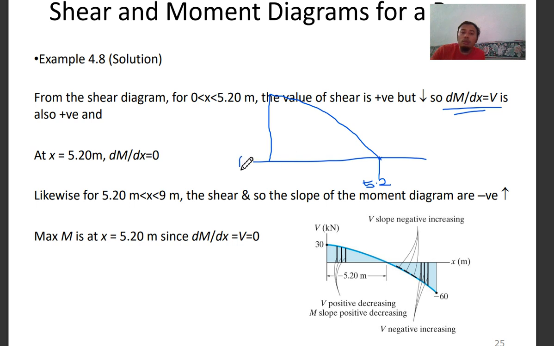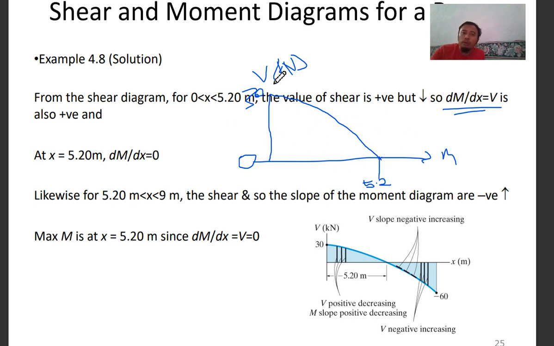This one is 0 shear. This is 30 kilonewton, V in kilonewton, and this is your distance in m. So basically, this is how you draft the first half up to point 5.2.